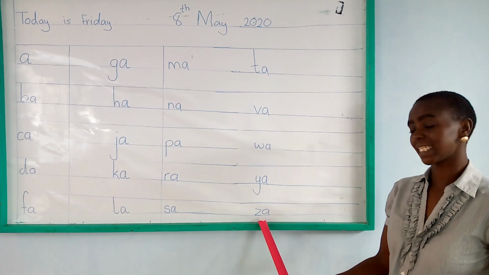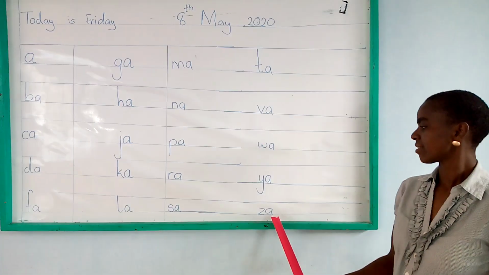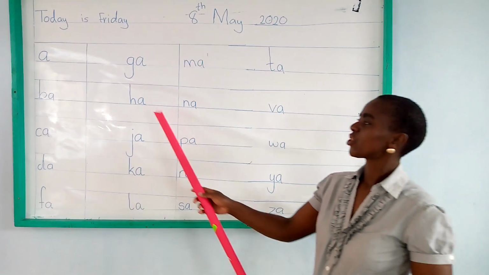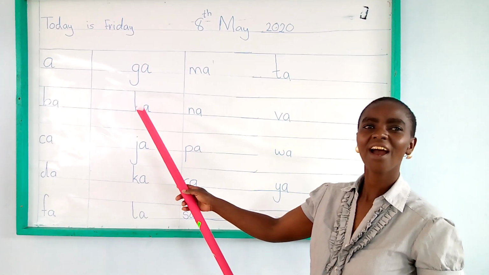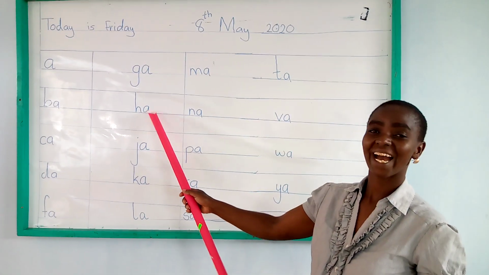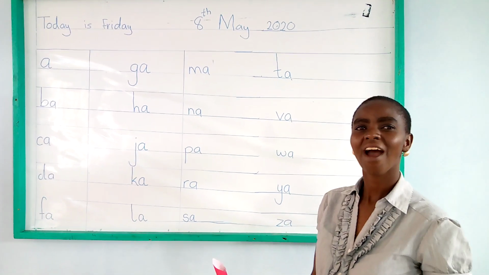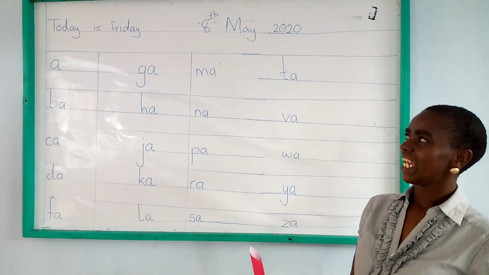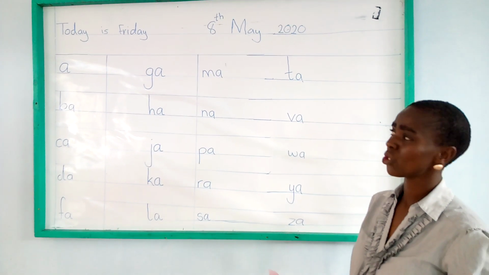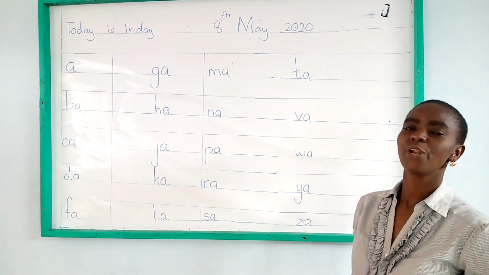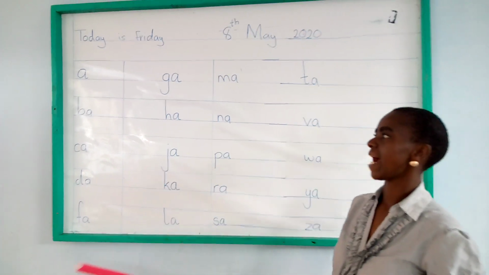And sound Z and A, it becomes Za. Let's go to this sound. When you join it with A, it becomes, good. Now, since we have learned how to join those sounds to make syllables, can we read together?